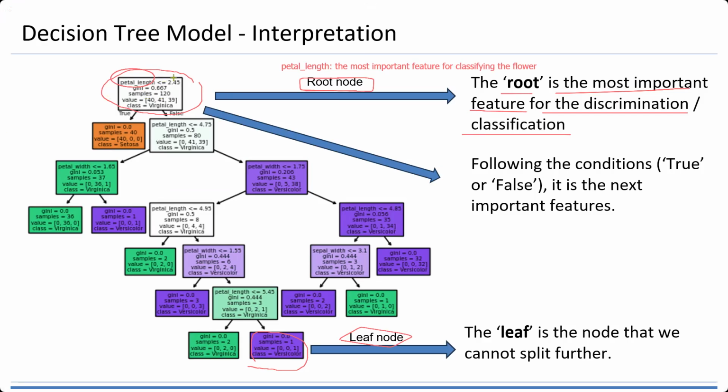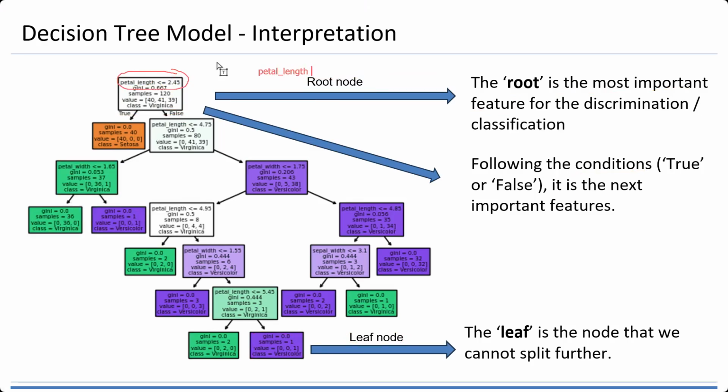And every node is followed with a condition, true and false. True means the condition of this node is true. If the text is too small for you, please refer to the PowerPoint. Here the petal length is less than or equal to 2.45.